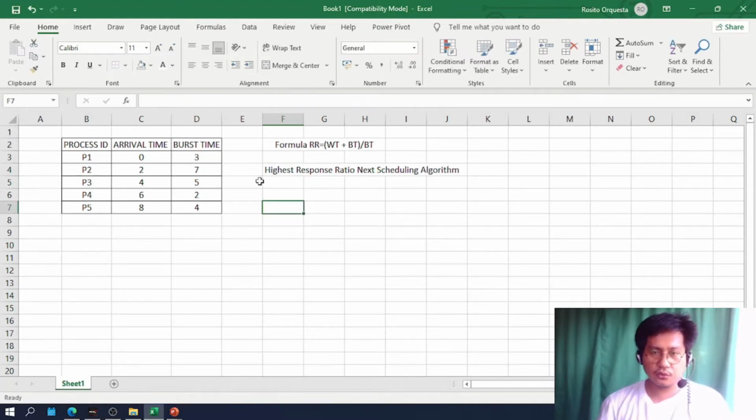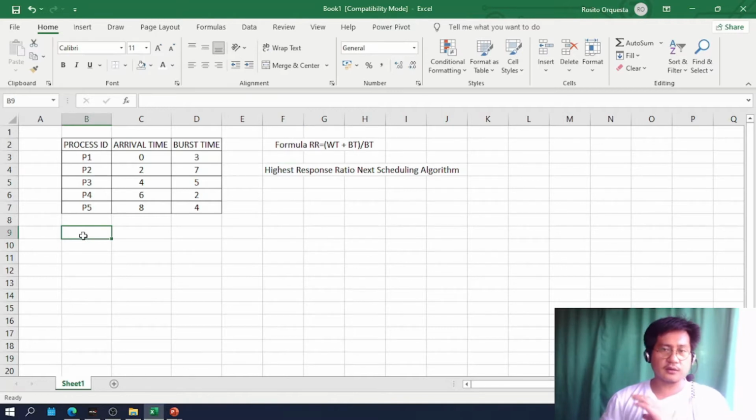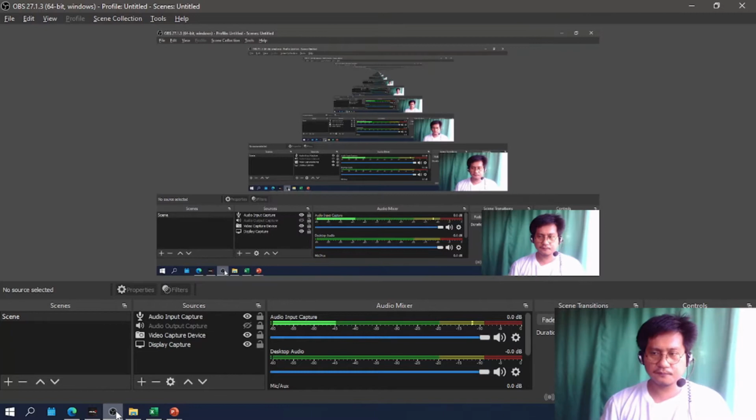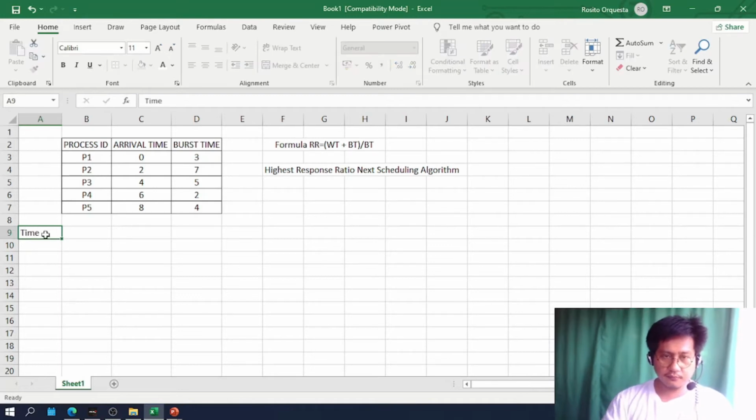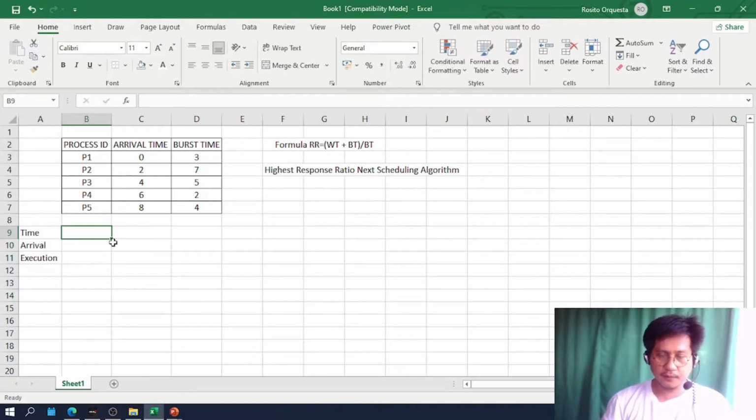we are going to, by using this data here, the table, create a Gantt chart. So say we have the time, the arrival, and then the execution for each of the processes. Looking at the arrival time, it starts with 0, so we'll have 0 here, and then it goes up to 8.